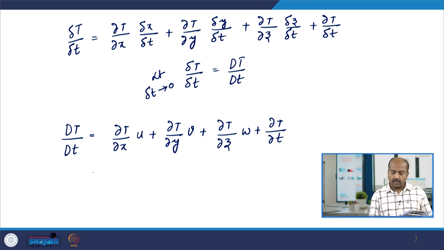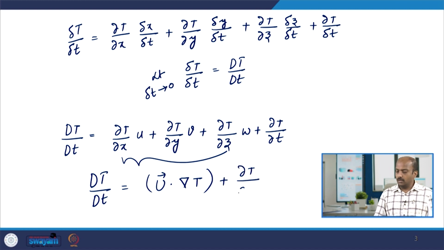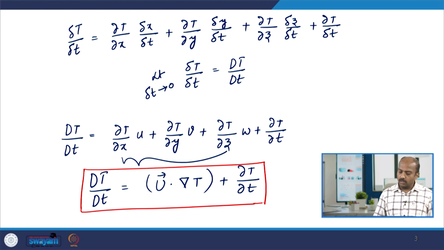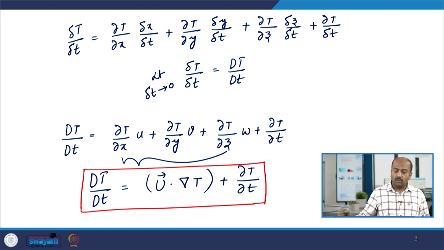Or you can write it as u dot del T plus dou T over dou t. So, this is what is called the total derivative.